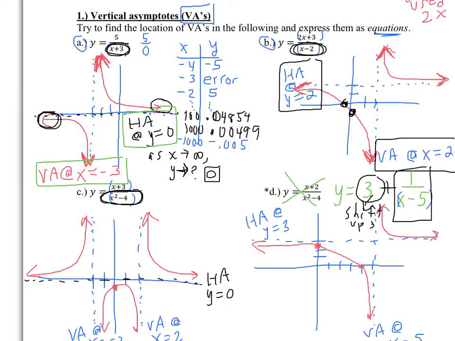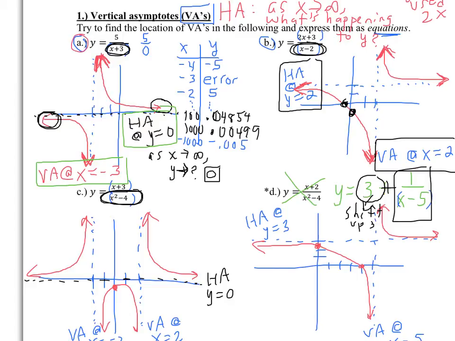So with an HA, what we're trying to figure out is as x gets really big, what's happening to y? Okay? So that's the idea behind horizontal asymptotes. As x gets really, really big or really, really small, what's happening to y?